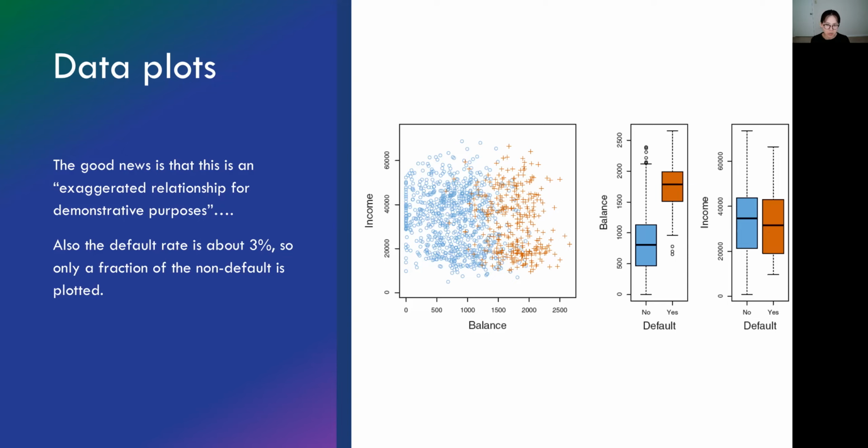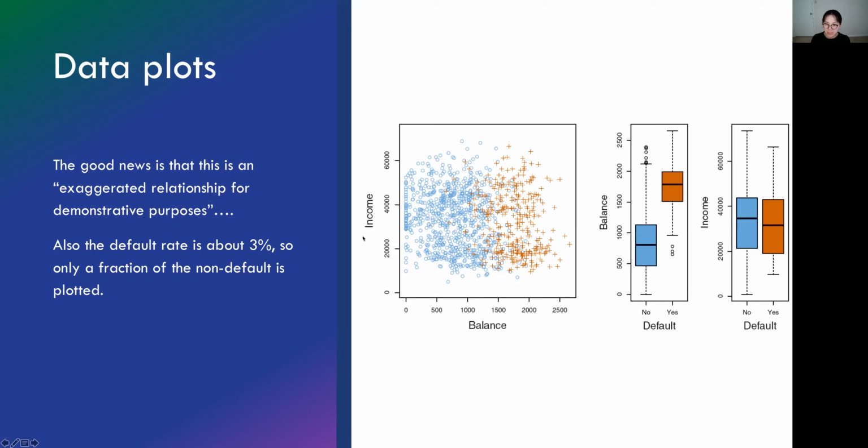In that case, normally people would use something like downsampling or upsampling, depending on which one you focus on. But for this one, we're downsampling the non-default so that the data size for default and non-default is comparable. That's a kind of pre-processing of the data in the real world when you have a raw data set. But here, let's just look at this pre-processed data set.